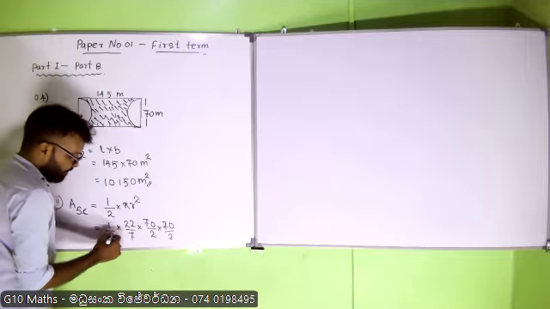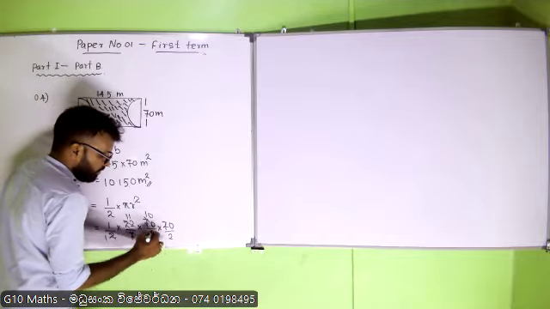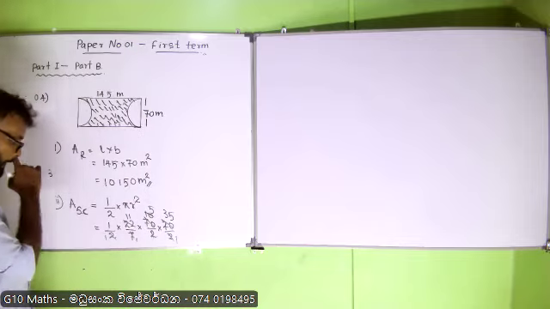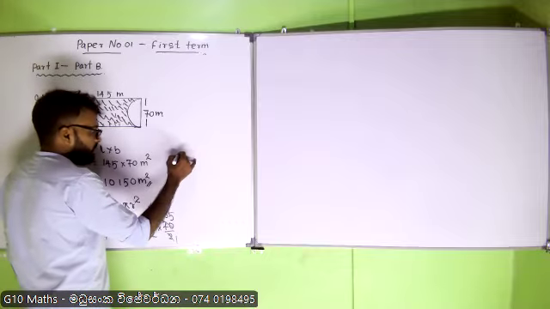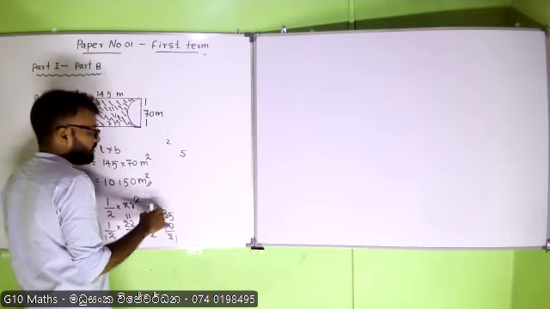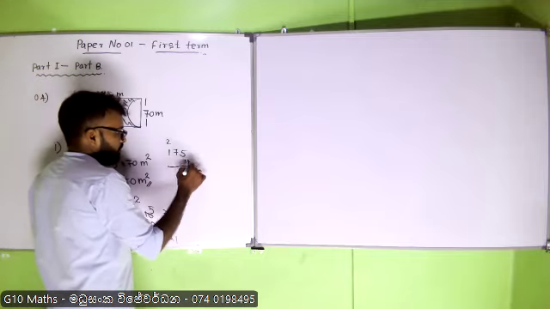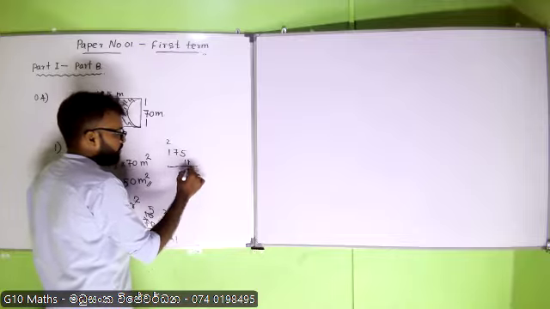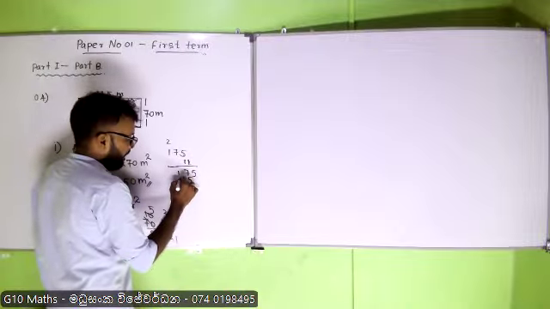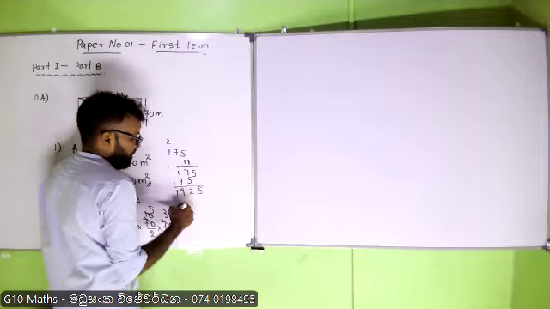Simplify: 2 times 1, 2 times 11, 7 times 10, 2 times 5, 2 times 35. 5 into 35, 5 times 5, 25, 5 times 3, 15, 175 into 11, that is 1925.